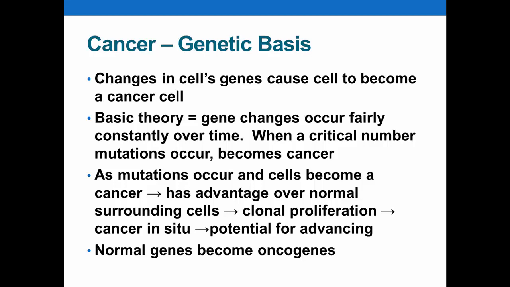So one of the basic theories in the genetic basis of cancer is that these gene changes occur fairly consistently and constantly over time, so that when a critical number of mutations occur within that cell, then that cell becomes cancerous. That's the idea then of stepwise accumulation. We see that in skin cancers.